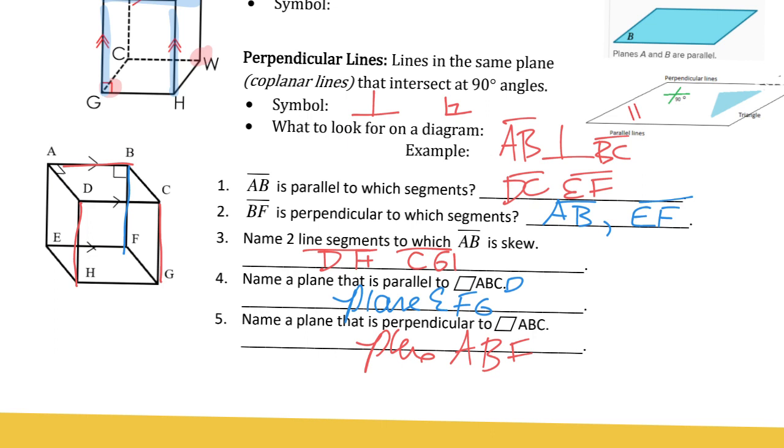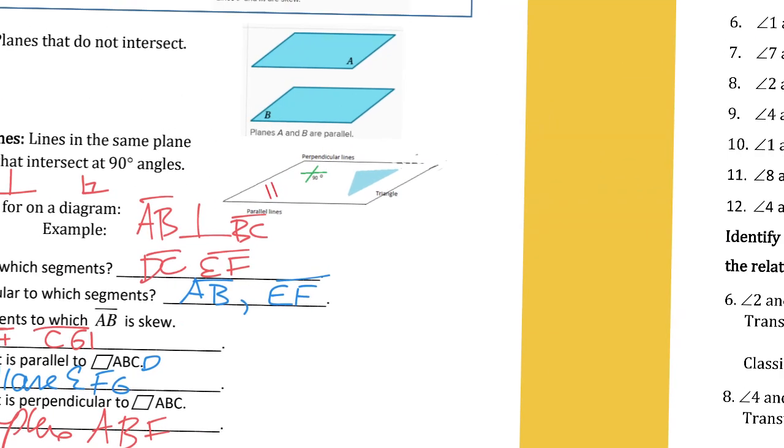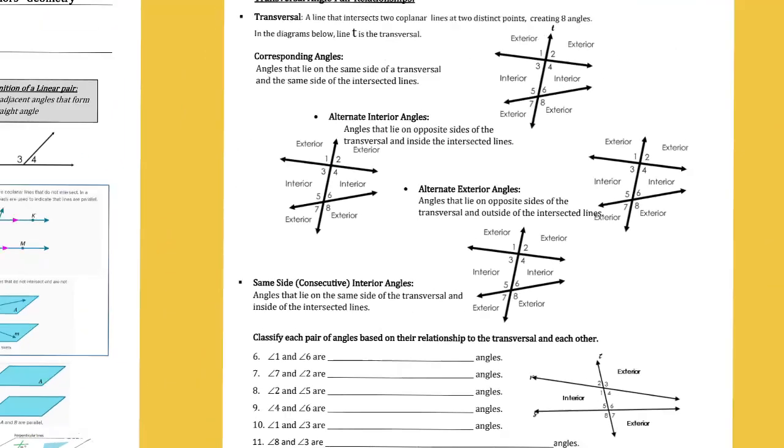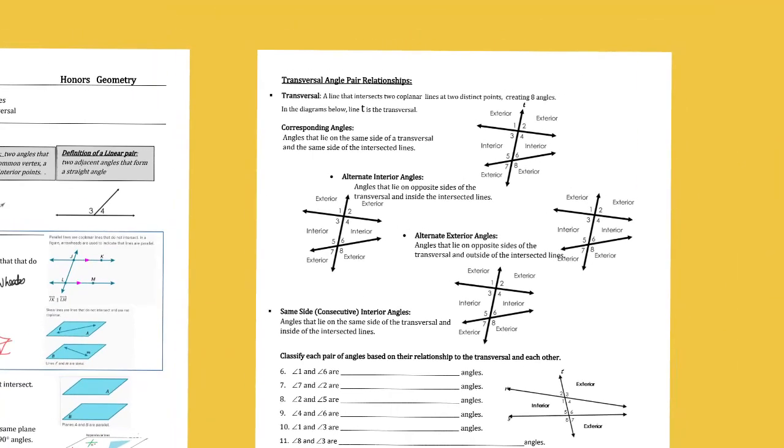The next part would be to talk about some angle relationships. If you have two lines, whether they're parallel or not parallel, and you draw a transversal between those two lines, the transversal is the one that connects the two lines that you started with.